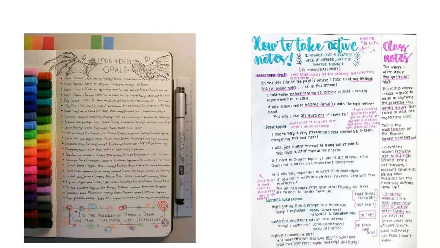I'd say if you just bullet point, you're going to have to do something with that later on. On the other side, you've got all sorts of different bits and pieces going on there. You've got a separate section for class notes. You've got active notes. You've got highlighting. So all of your headings are highlighted there so that it's really easy to see what you're making notes on.